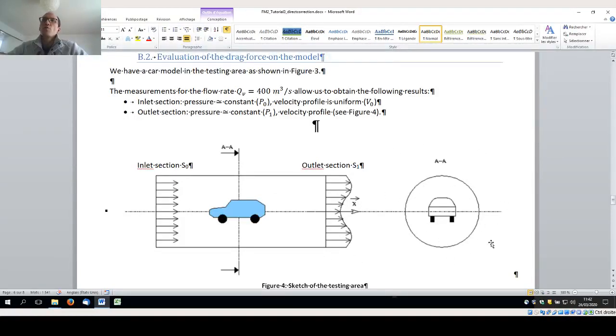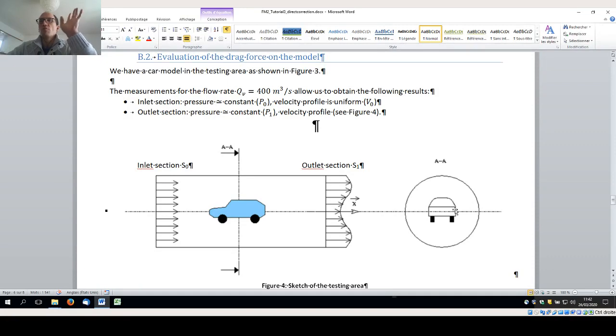Either we can approximate that, okay, this is cylindrical, so probably what's happening on one side may be compensated by what is on the other side. This is true if the car is far away from the boundaries.